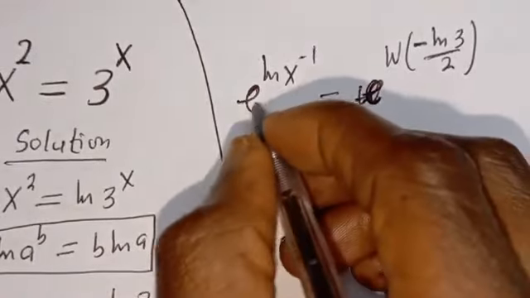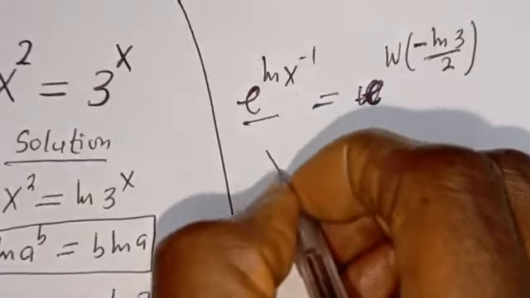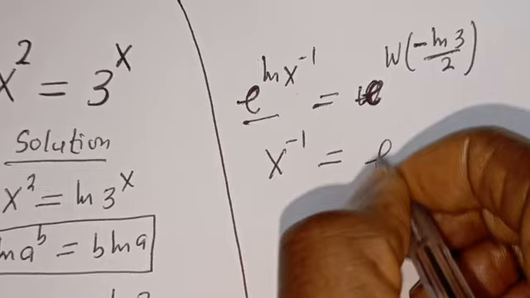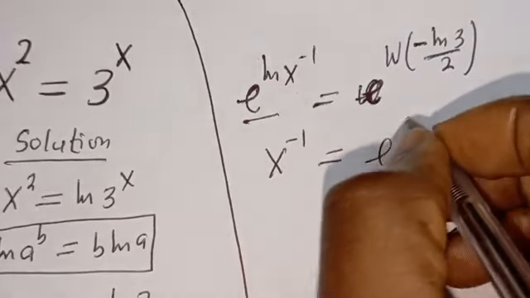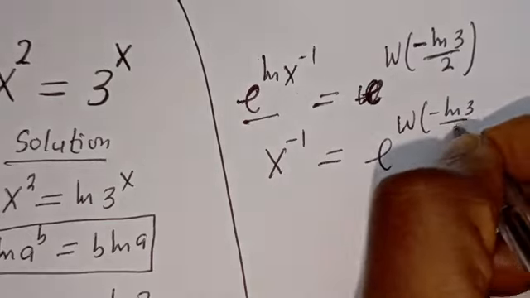Take note of this: e to the power of ln is equal to 1. Then this becomes x to the power of minus 1 is equal to e to the power of W bracket minus ln of 3 divided by 2.